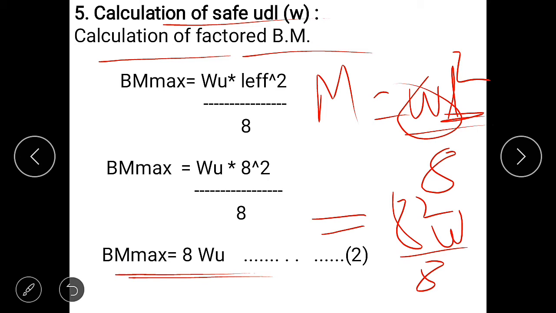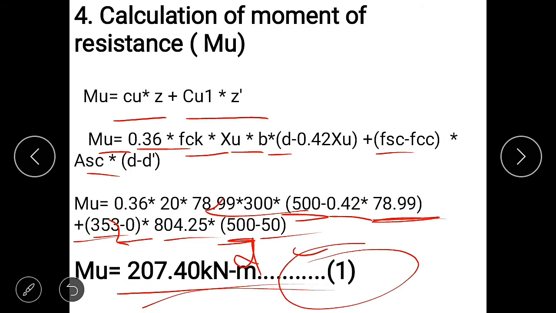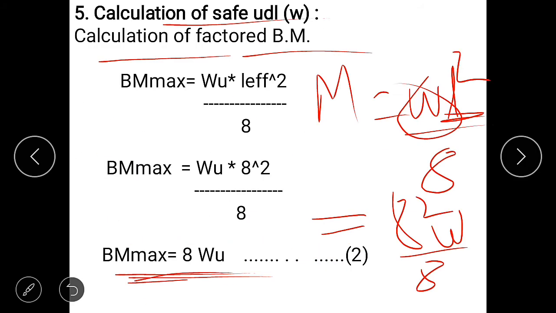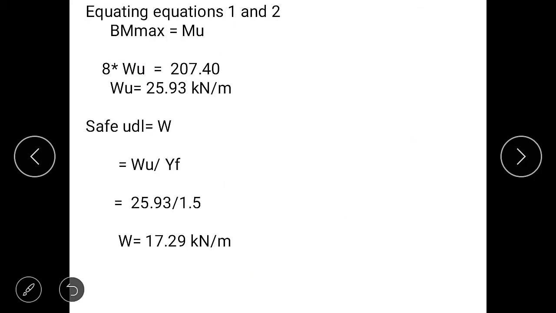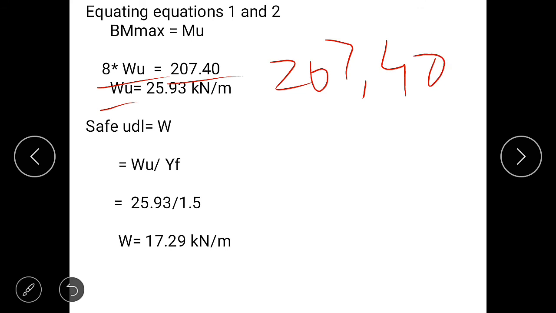So compare Mu and BM maximum, or equate these two. So 8 Wu is equal to our Mu is 207.40. So Wu is 207.40 divided by 8, so we got 25.93 kilonewton per meter. That is our Wu.